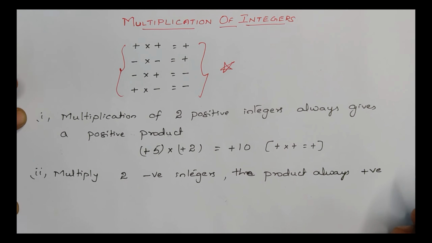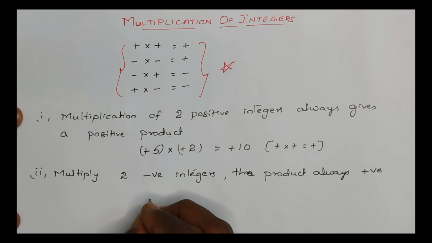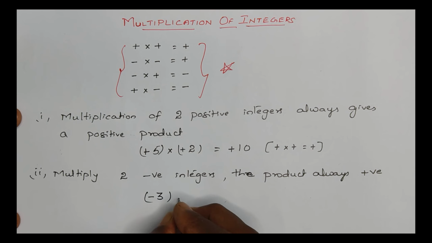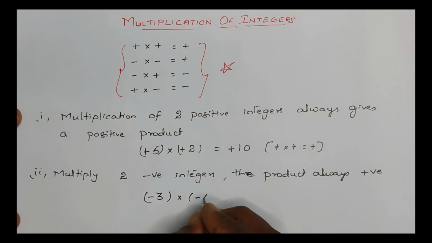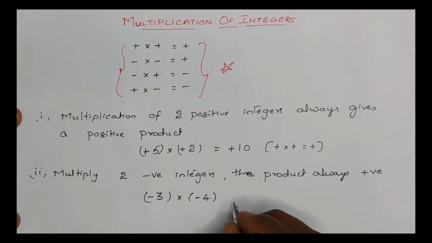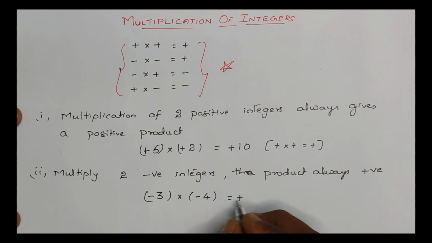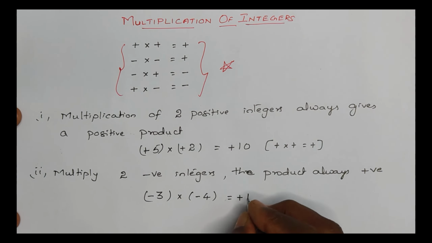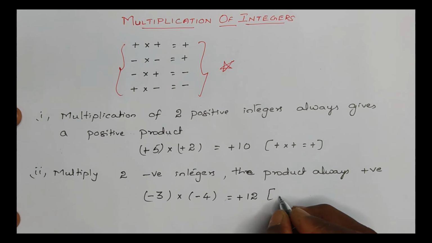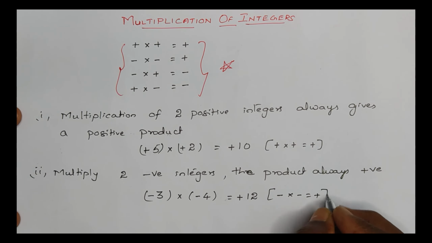So that is when you are multiplying minus 3 times minus 4. Minus and minus gives a positive, and the multiplication of numbers will be as it is, 3 4s are 12. So this is what we are learning. Minus into minus gives you positive.